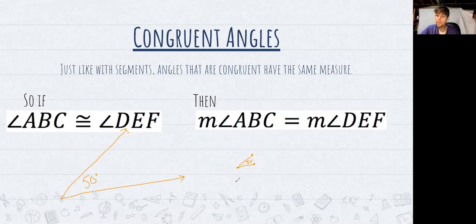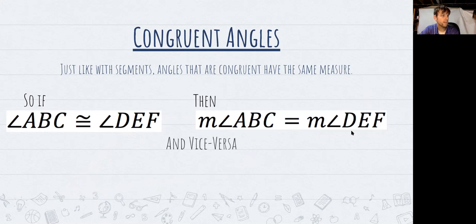We can still say that they're congruent because they're both angles and they have the same measurement. So they fulfill all of the properties of two things being congruent. Okay. Also works the other way. If we know that two angles have the same measurement, then that means they're congruent.